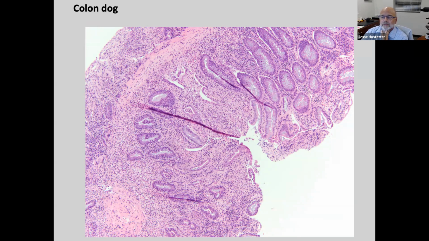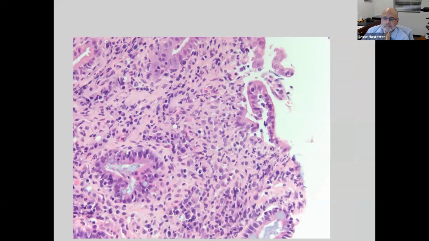I'm going to give you a little higher mag. You guys are right on top of it. You have it. Somebody want to throw out a differential?